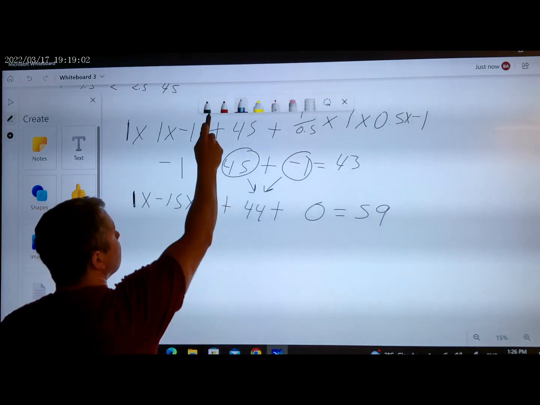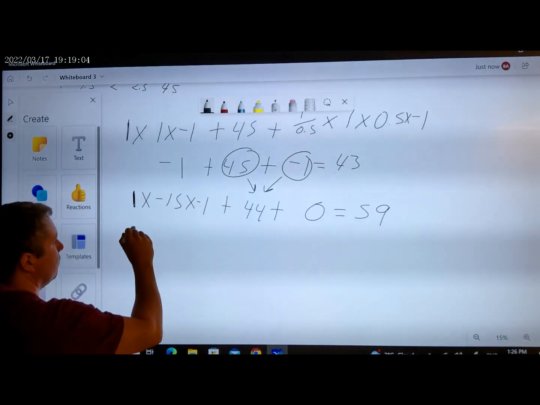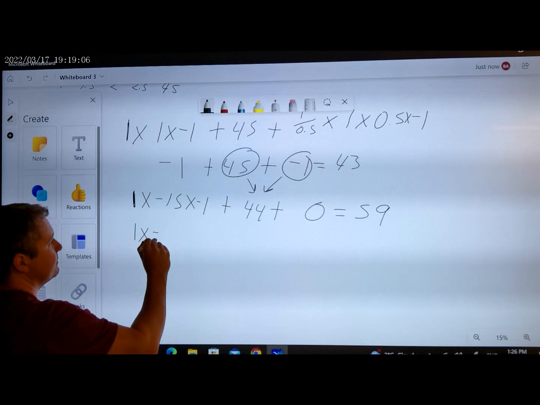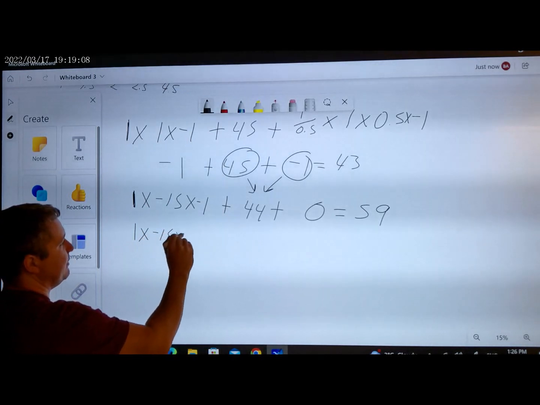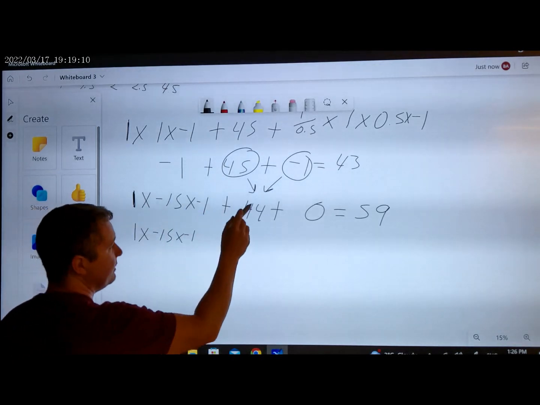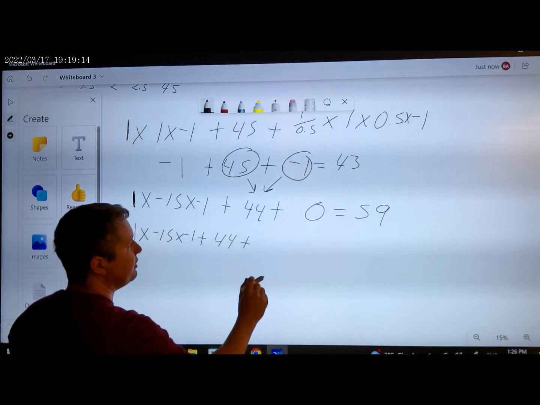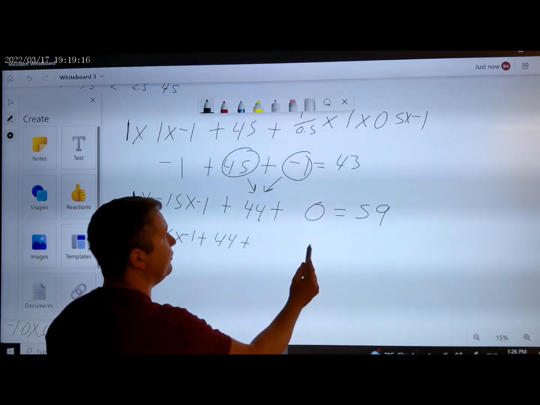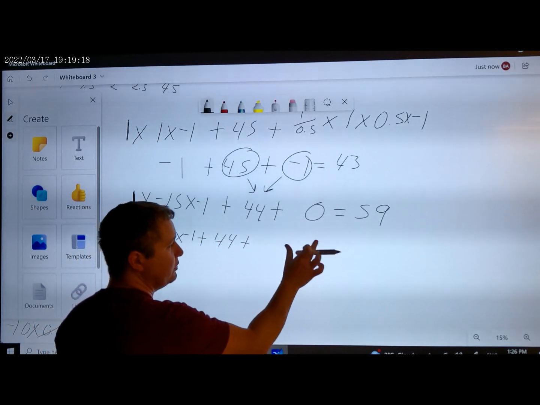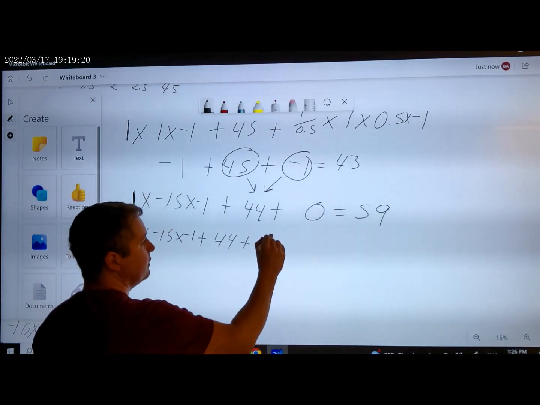So we are going to do 1 proportional times minus 15 times minus 1. This is all the same. Plus 44. Plus, the only thing that's changed is our time over here. So we have to now do a new calculation.